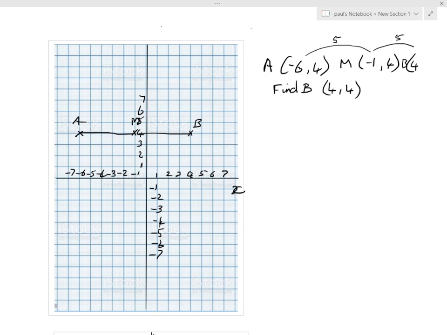And then this one, we've got 4 to 4, which is nothing. So we need to move nothing again to get to the other one on the y-axis. Now, of course, you don't always have the graph, do you?